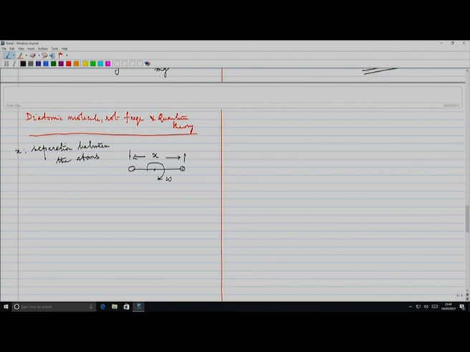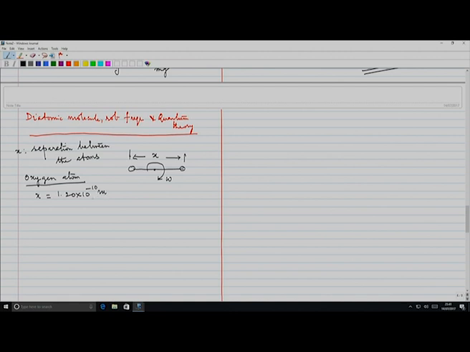Now we are going to treat atoms as point particles, but they have masses. We will take the case of the oxygen atom. Two oxygen atoms can combine to give you an oxygen molecule. The separation between the atoms is 1.20 into 10 to the power of minus 10 meters.